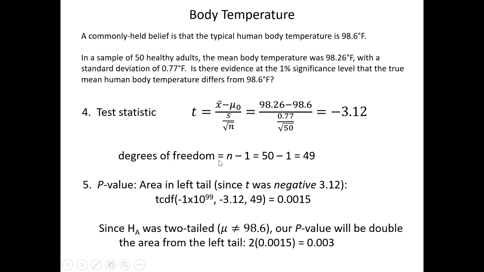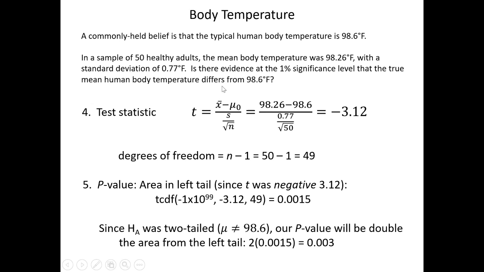With the t-distribution, we also need to think about the degrees of freedom. So that's n minus 1 for this one sample t-test, leaving 49 degrees of freedom. All right, so if we imagine that bell-shaped t-distribution, our test statistic puts us in the left tail because it's negative.